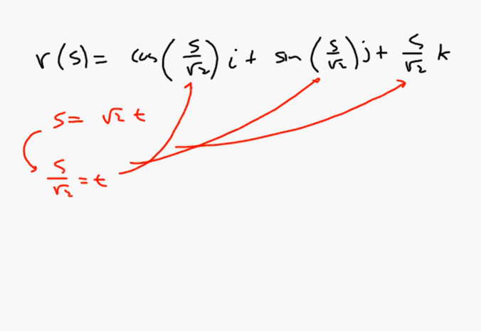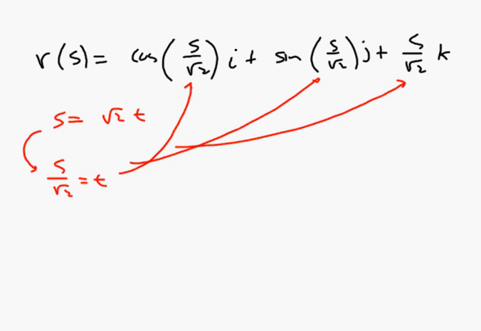That's what makes this thing special. This is called an arc length parameterization. It has the property that the arc length along the curve up to the particular value of s that you subbed in is equal to that value of s.